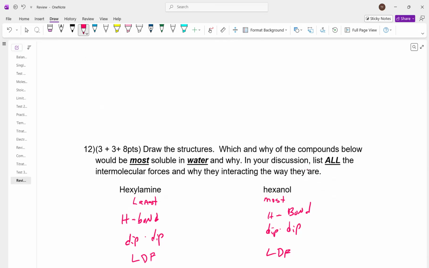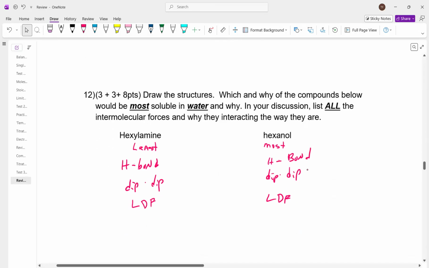And then they want to draw the structures. And it doesn't say, let's call that this.